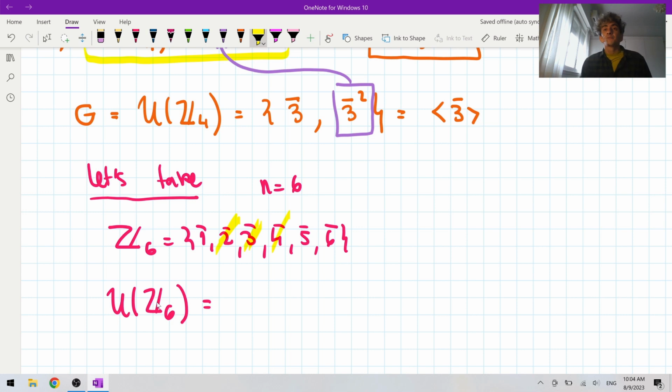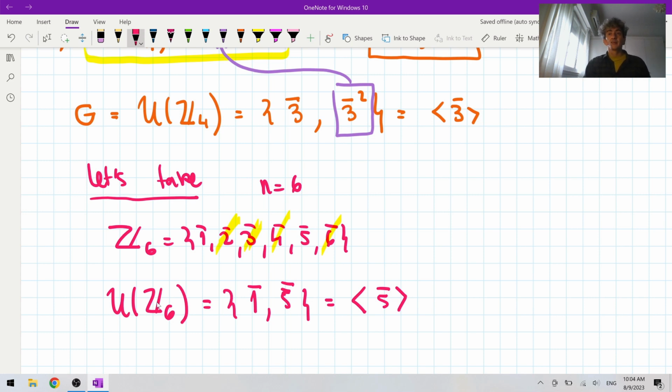So all these guys are discarded, as well as the class of 6. So the units of Z set 6 are actually the class of 1 and the class of 5. And this again is the group generated by the class of 5.